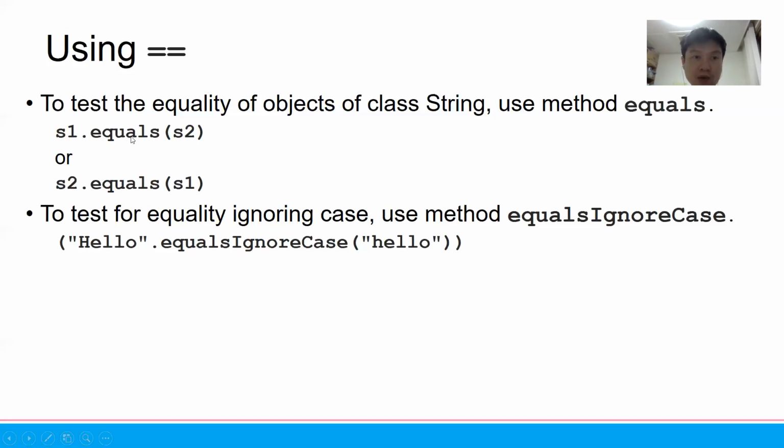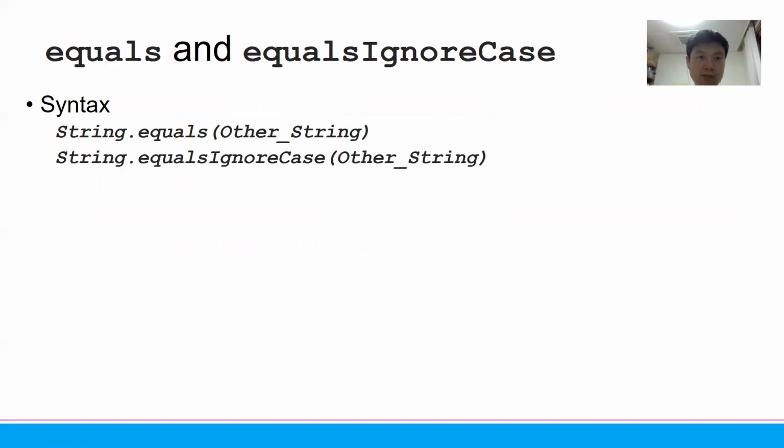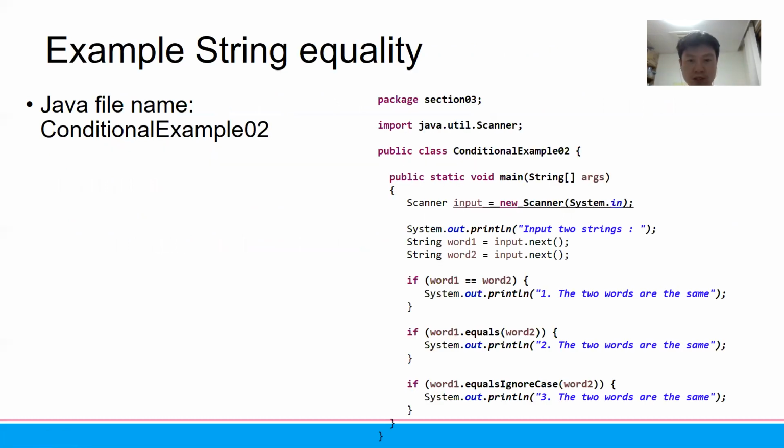But if you use equals, then they're not the same. So in equals, we will have the equality exactly the same. But with equals ignore case, regardless of the capital and the lower case, it will check the same. Now let's see it.